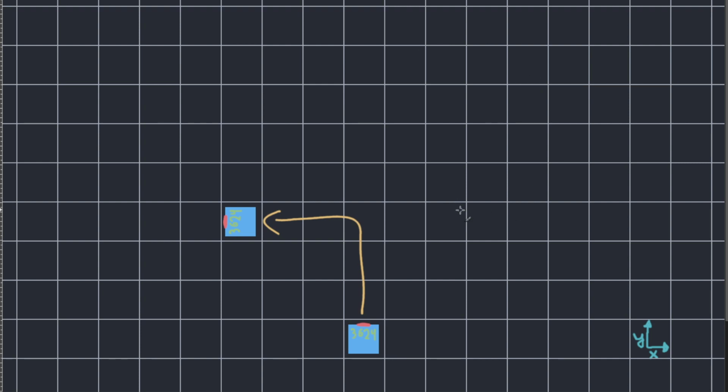This is how the driver sees the field. You have a grid like this with a positive y-axis and an x-axis which goes left and right, simple enough, basic graph. However, the robot is able to rotate this graph however it likes. The graph will rotate depending on how much the robot rotates.